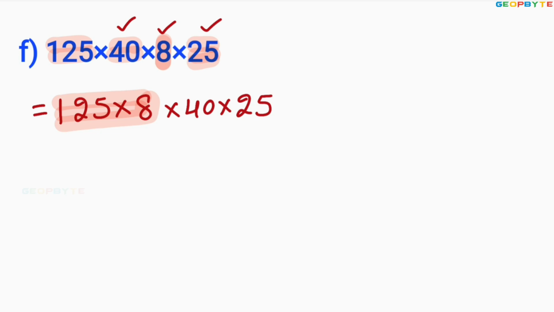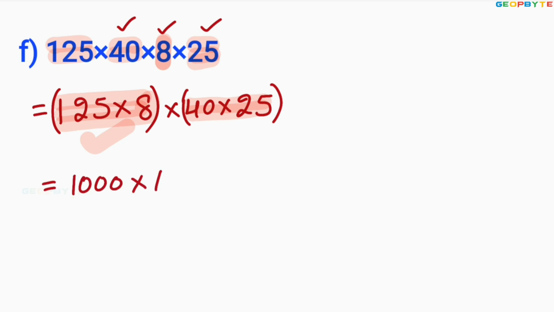Now I can use bracket for these two numbers, bracket for these two numbers. Here 40 into 25 is 1000. 125 into 8 also 1000. It is equal to 1000 into 1000. You first write the 1000.